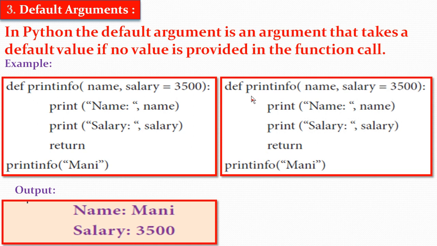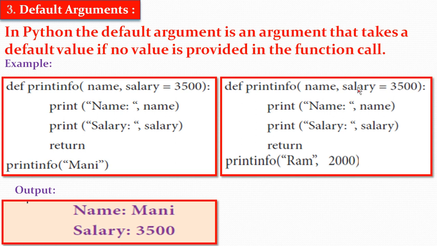The same example is printed here. Def print info, name, salary 3500, print name, print salary, return. Instead of print info money, we are giving the statement as print info RAM, comma 2000. Now the compiler takes the value 2000 for salary, not the default argument 3500, but the value given by the user, 2000.